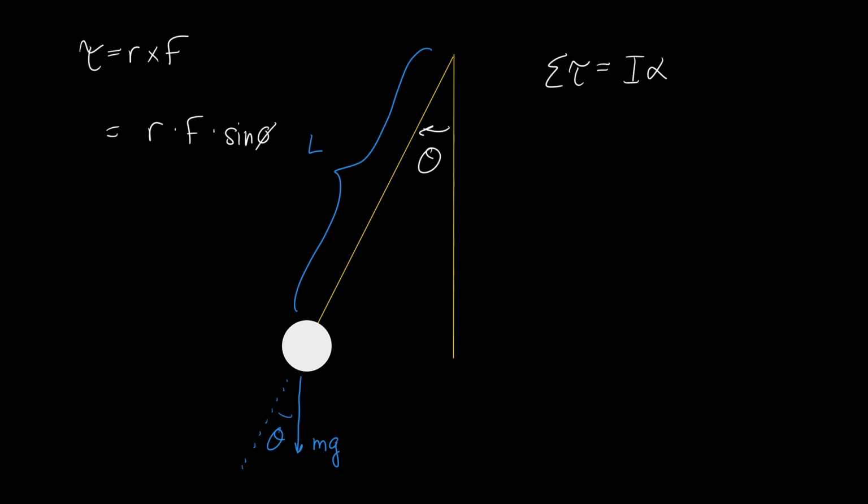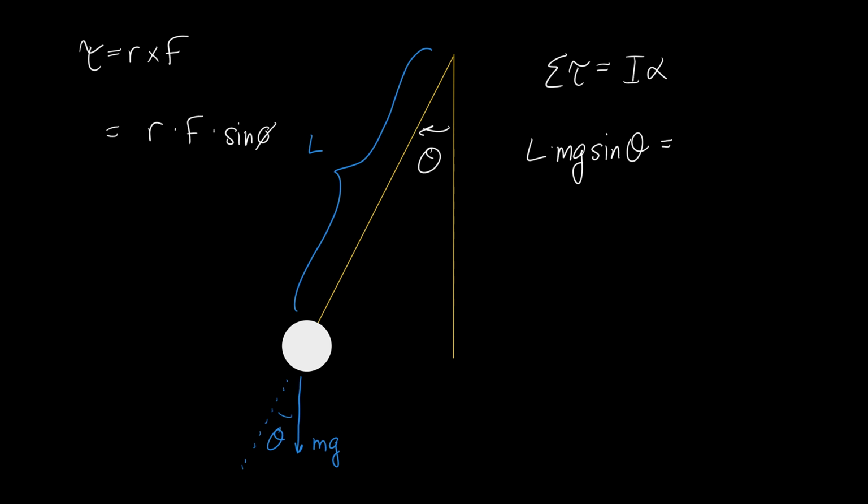What's R in this case? What is the distance from the pivot point to where the force is applied? What's that? L. The size of the force is gravity, isn't it? And then we've got the sine of theta. This has to equal I. Well, what's I? What kind of moment of inertia should I use here?